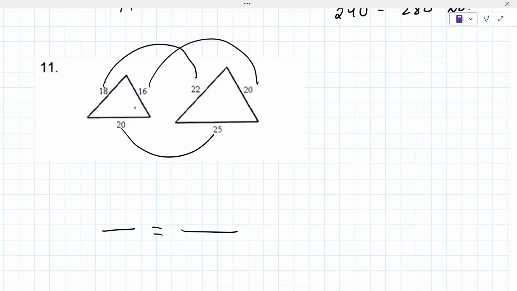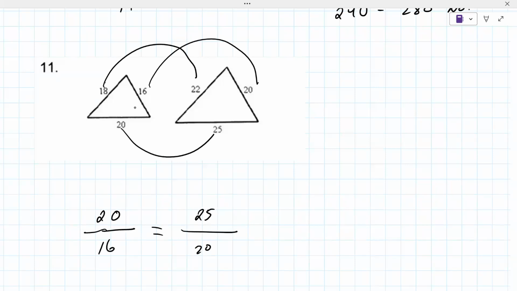Well, I know it works, but how would I write that? You've got to choose two sides from each triangle. The 20 and the 16 and the 20 and the 25. Okay, so like 20 over 16, does that equal 25 over 20?